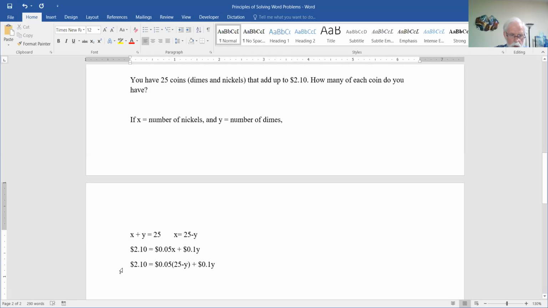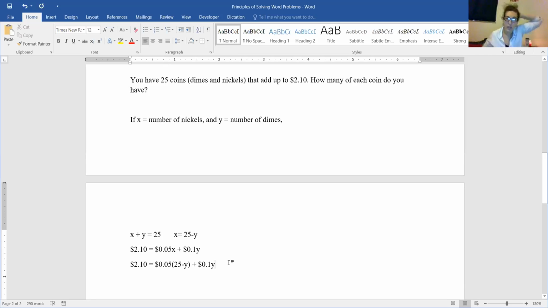Now we have an equation that has one variable. So we simplify it. First thing we do is clear this parenthesis out by multiplying both terms here by 0.05. Everybody with me still?